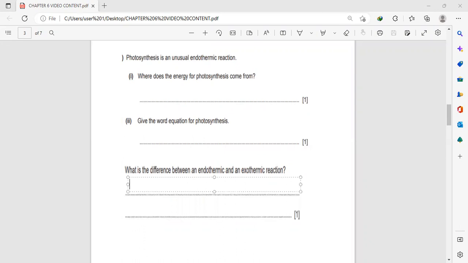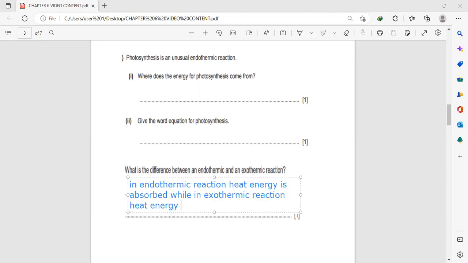In endothermic reaction, heat energy is absorbed, while in exothermic reaction, heat energy is released. According to this question, total mark is 1, so you want to mention only one difference. Now move to the next question.